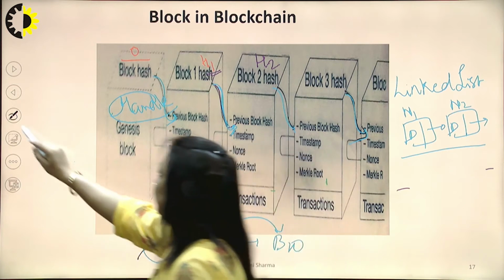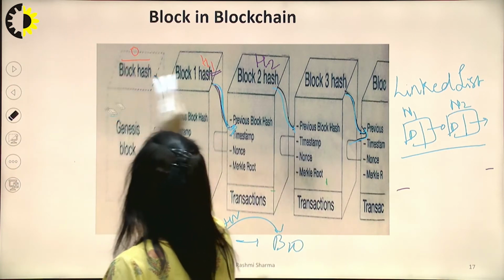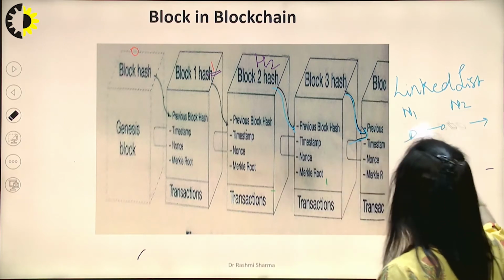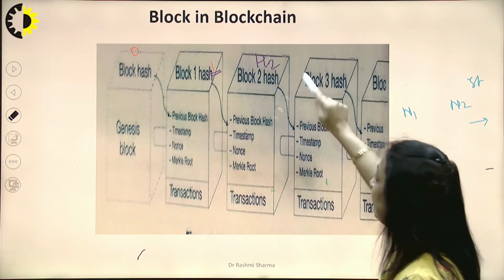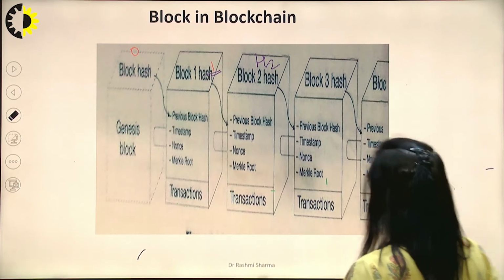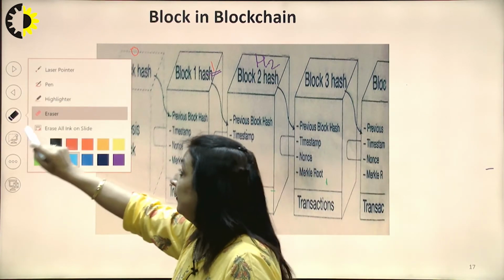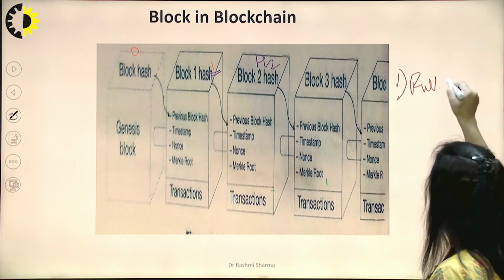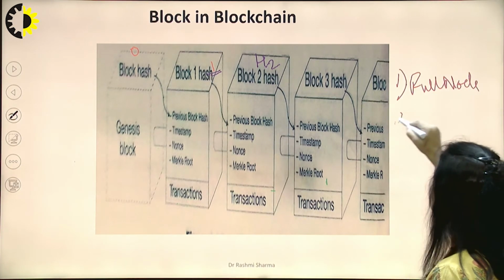One more thing I have to discuss here is that we have seen these were the nodes, and we have two types of nodes, if you remember. One was a full node and the second was a partial node.